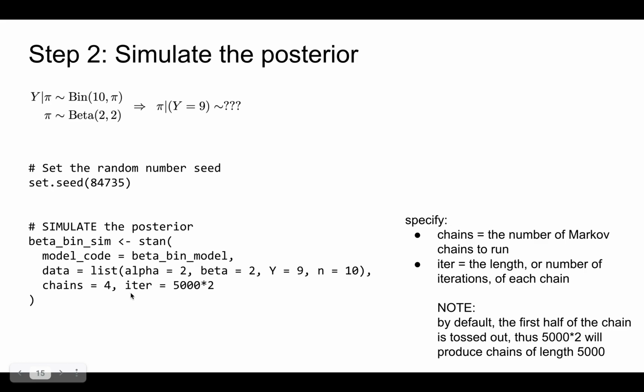That is, we want each chain to produce a sample of 10,000 pi values. I've written this as 5,000 times 2, since by default, and again for reasons that we'll discuss in the future, rstan throws out the first half of that chain. Thus, though each chain will produce 10,000 total pi values, rstan is only going to report and retain the last 5,000.